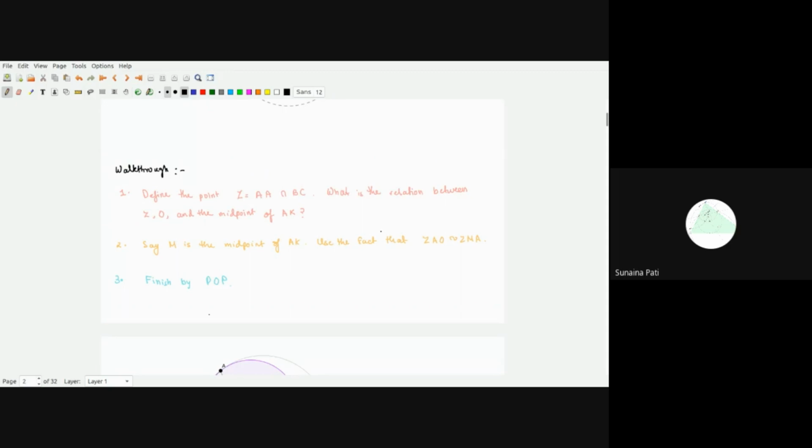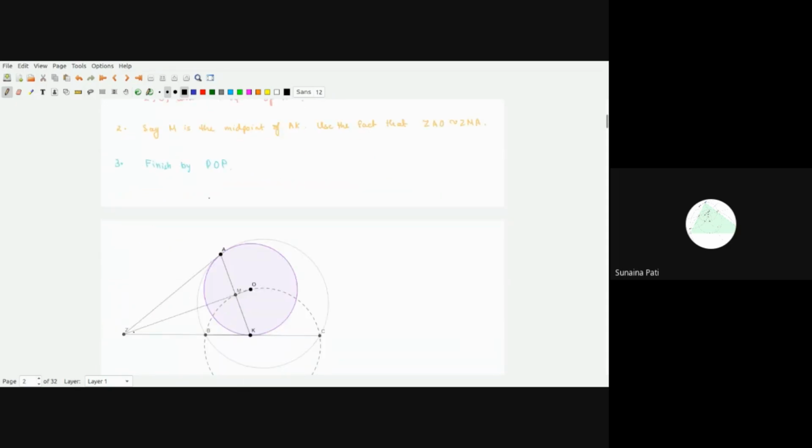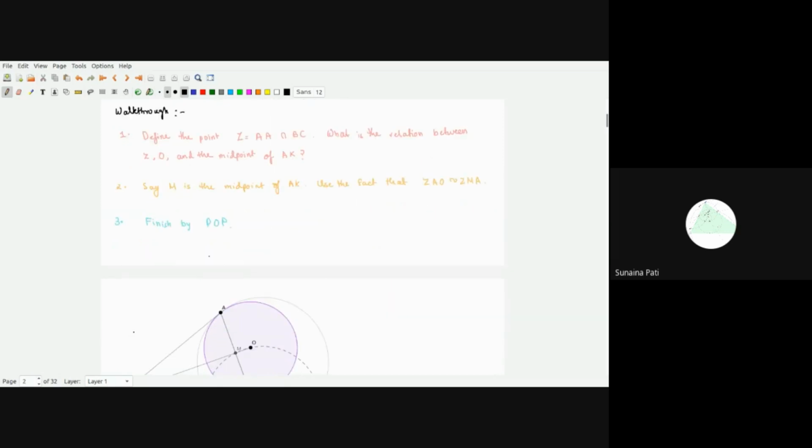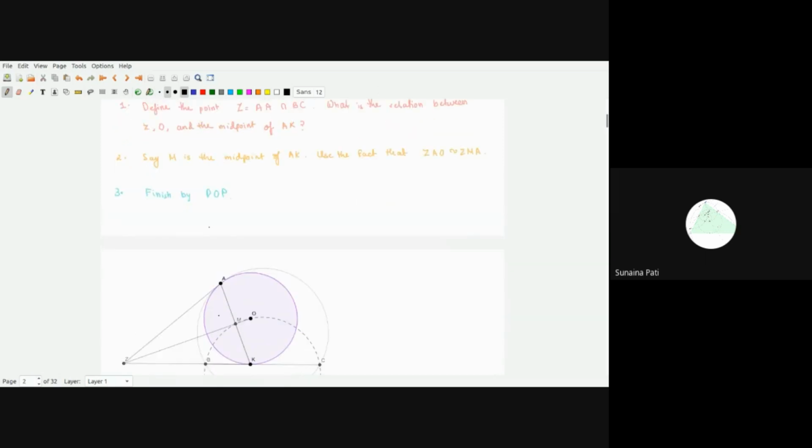Then see the relation between Z, M, and O. Z, M, and O are collinear because O is the circumcenter, M is the midpoint, and Z forms an isosceles triangle. Then ZAO and ZMA are similar because this is 90 degrees and this is also 90 degrees, and you have this angle common. Then you finish it by POP.